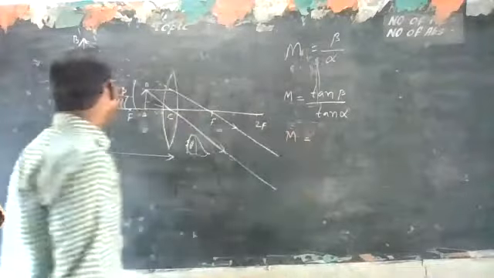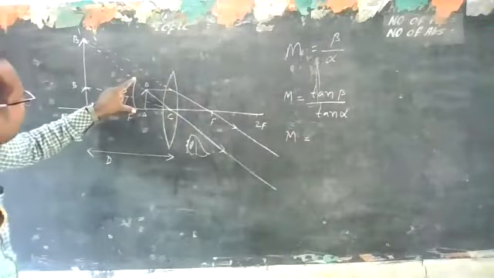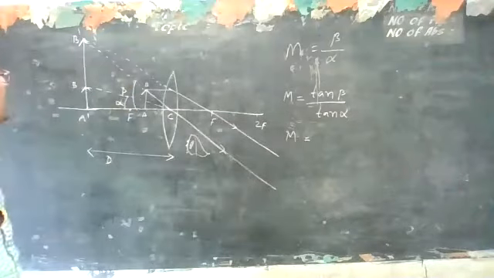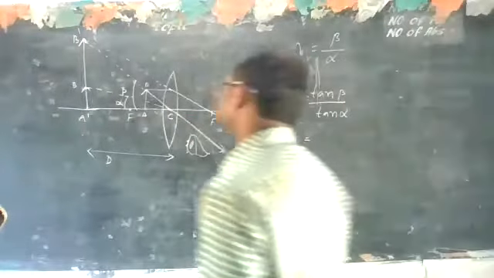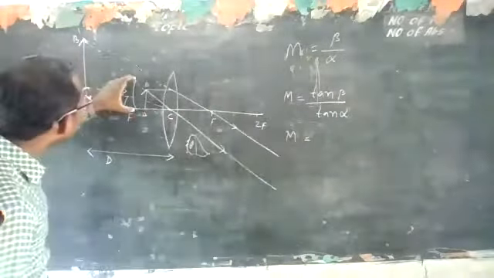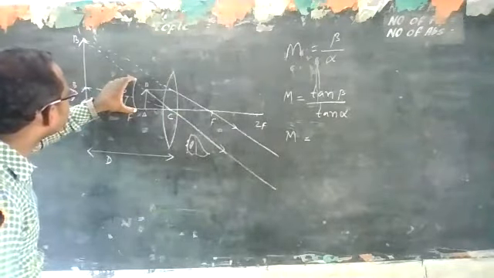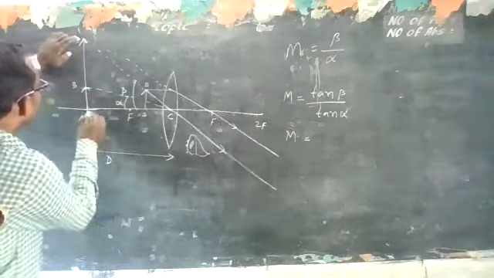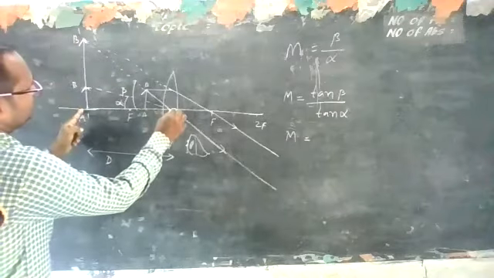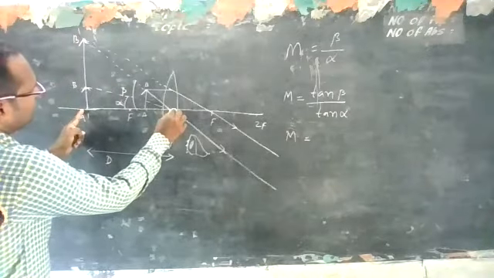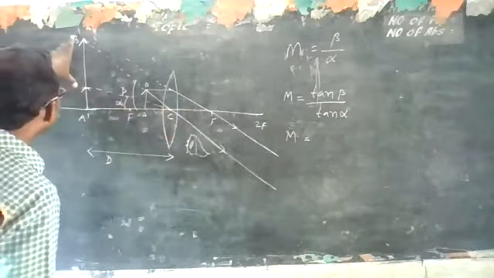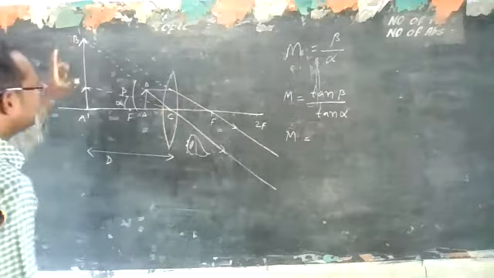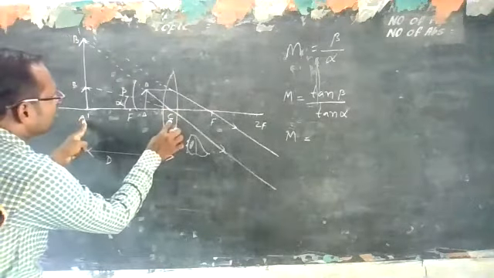But what is tan beta now? For this tan beta, what is this angle? Let us find this. Clear? Yes. Now the beta angle can be defined by this opposite side and this adjacent side. For this beta angle, the opposite side is A dash B dash and the adjacent side is C A dash.